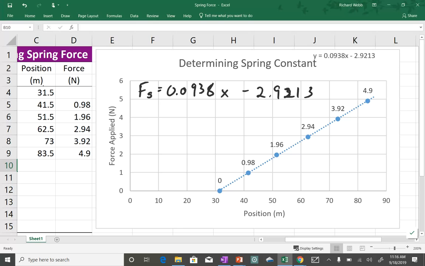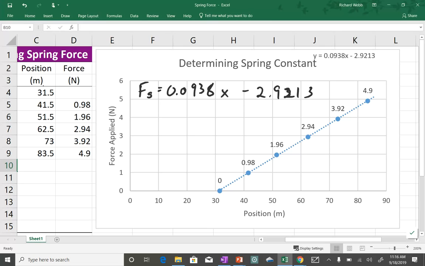So clearly that's not really an important number. It just has to do with how we set up the experiment. But then that 0.0938, that's measuring how much force changes as you stretch the spring. We call that the spring constant, and it depends on the construction of the spring. So that spring has that spring constant.